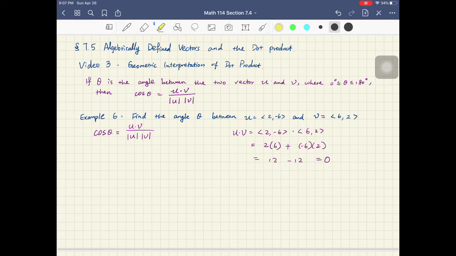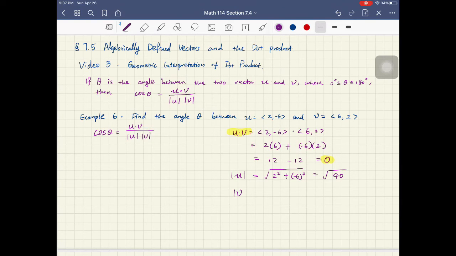Okay, so I'm going to highlight this one. And then the magnitude of u is going to be the square root of 2 squared plus negative 6 squared, which is 40.